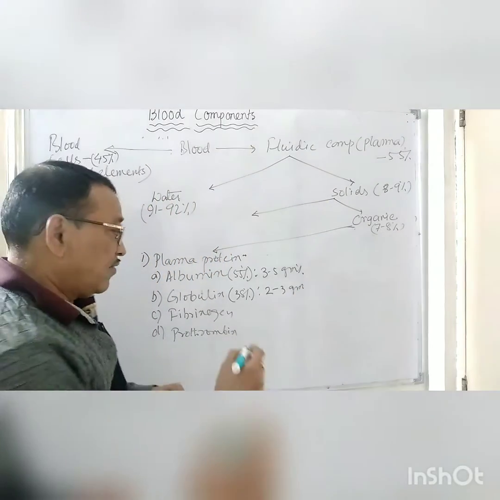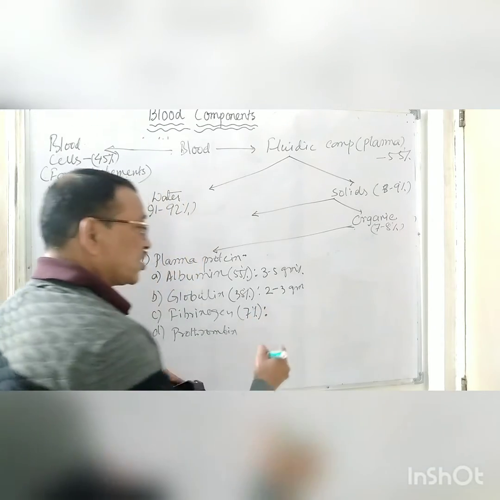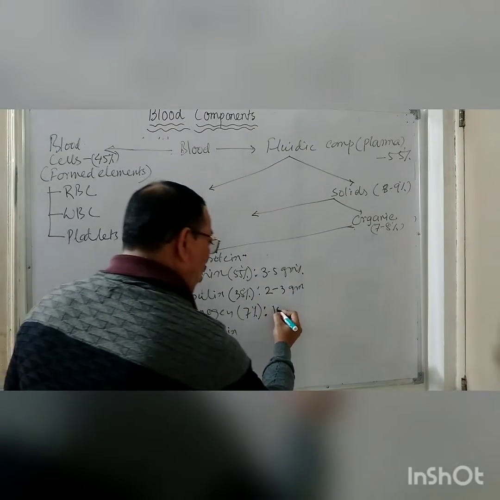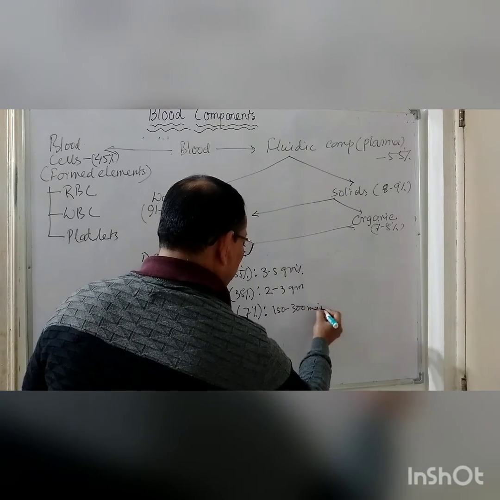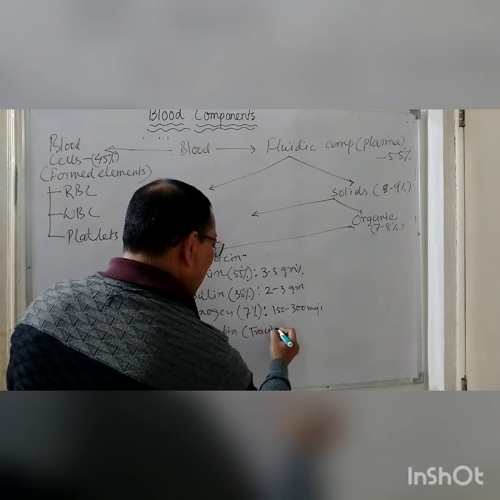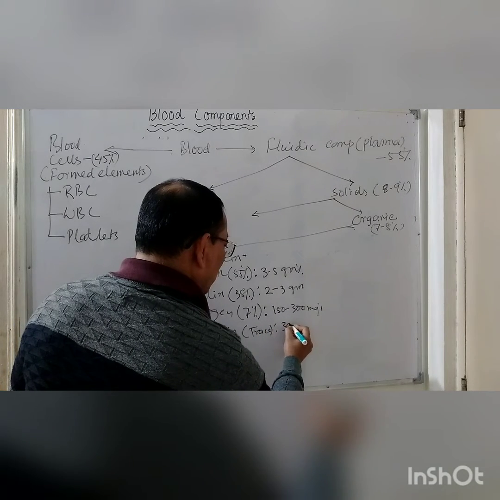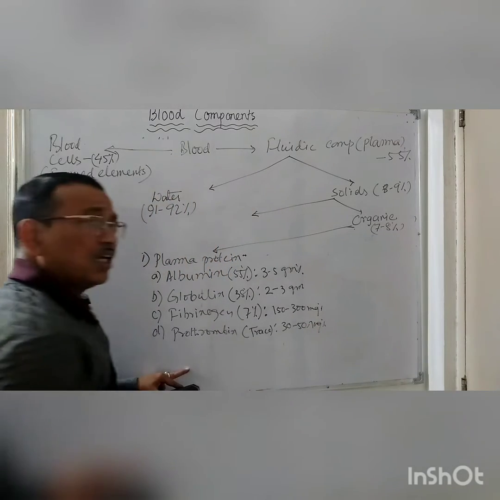Fibrinogen is around 7%, and its concentration is around 150 to 300 milligram percent. Whereas prothrombin is present in very small traces, and its concentration is around 30 to 50 milligram percent.